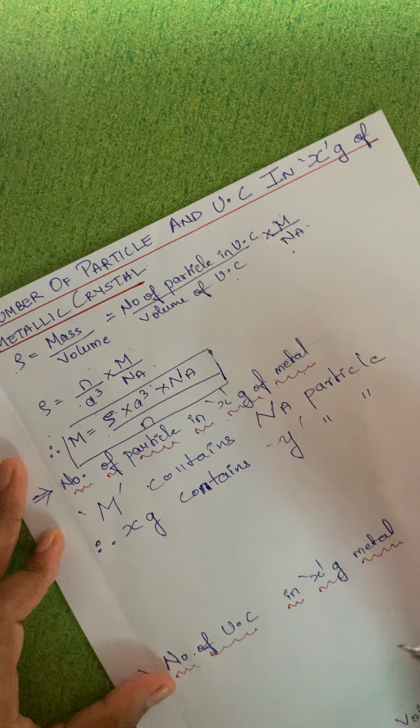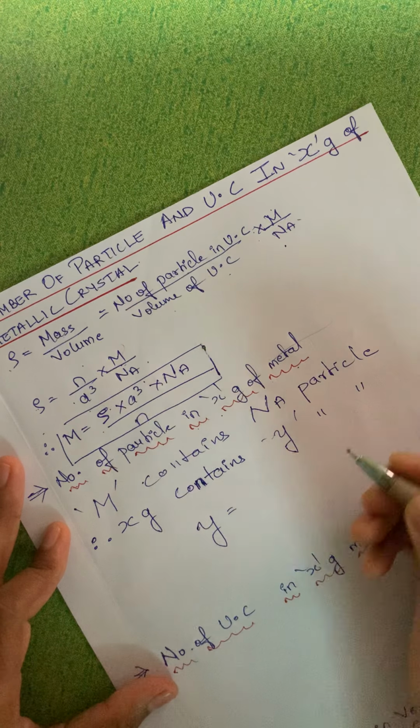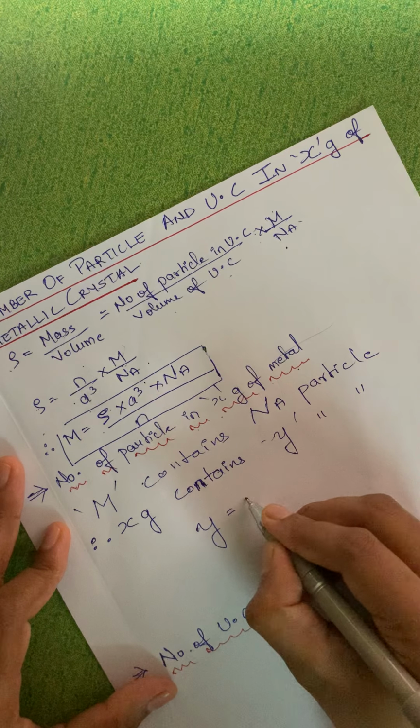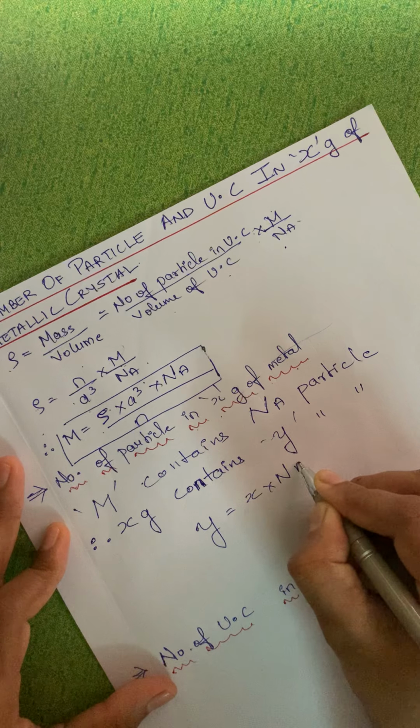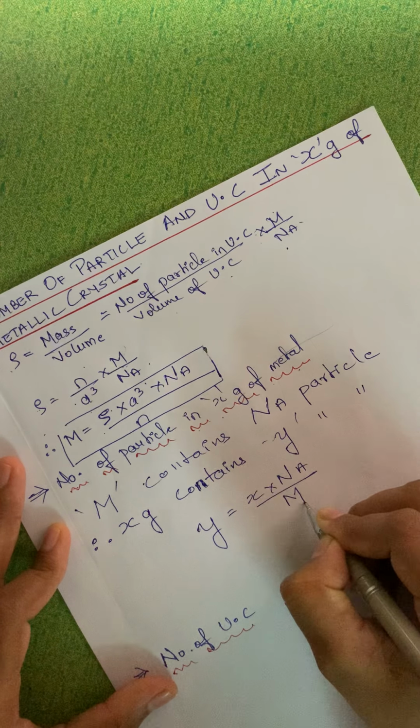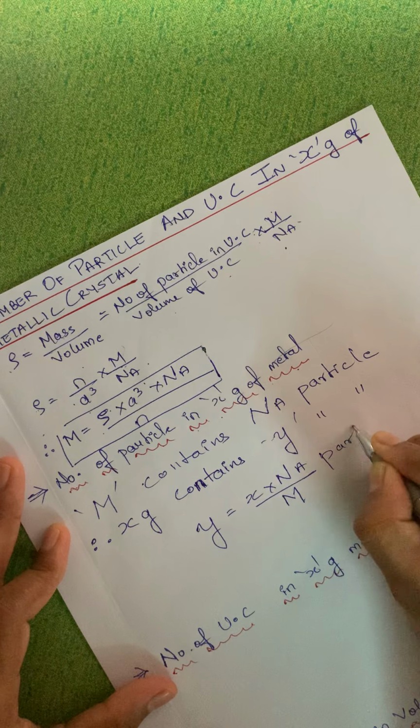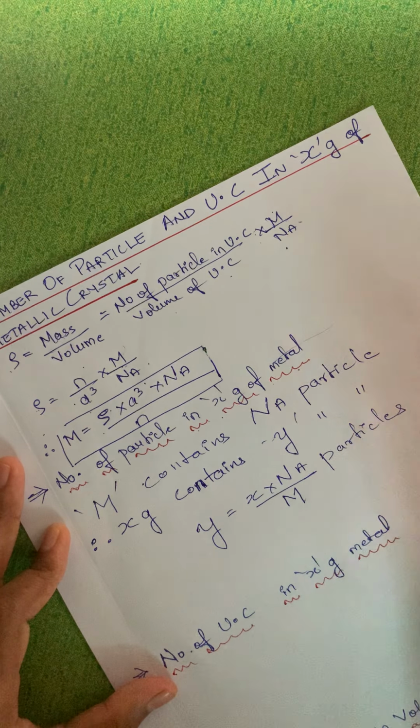Now what is this Y equal to? Y is equal to X into Na upon M particles. This many particles will be there.